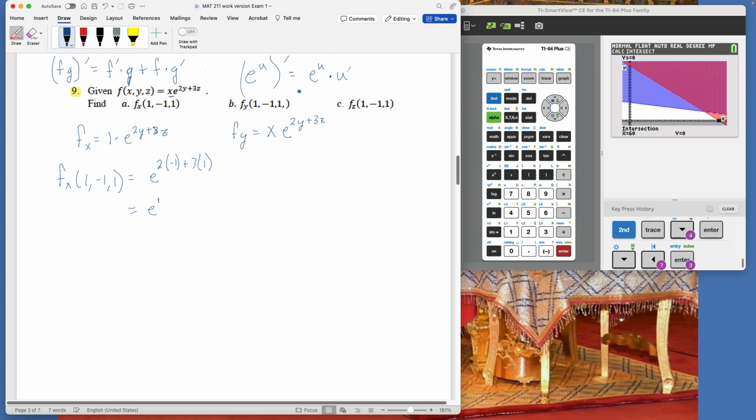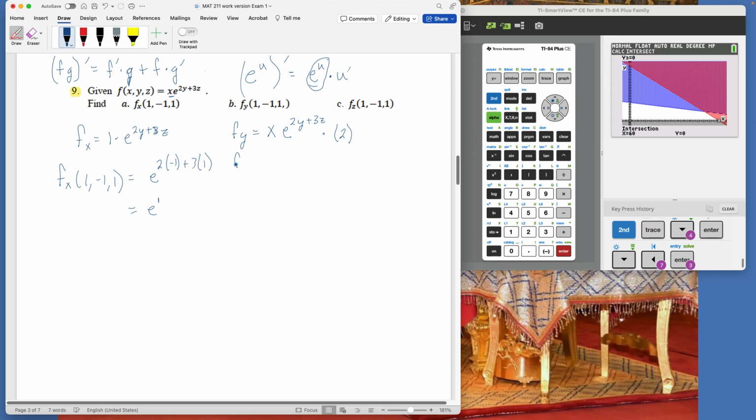And then now we need to use the chain rule, so we take the derivative of the exponent. Derivative of 2y, derivative of y is 1, 1 times 2 is 2. And then derivative of 3z, z is a constant, so that's 0.